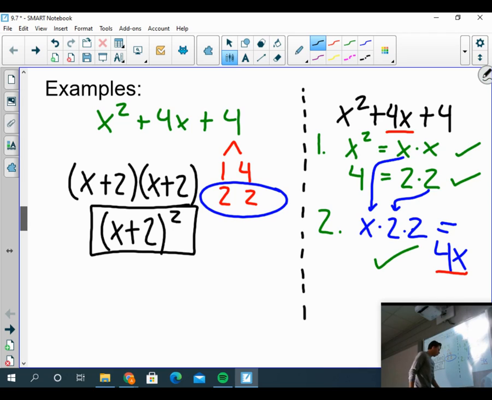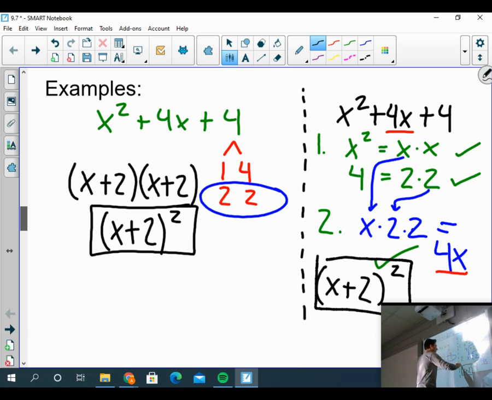trinomial. Well, if it's a perfect square trinomial, I can jump straight to my answer. What it's going to be is one of my first factors plus one of my second factors. And this will be my answer. Okay?